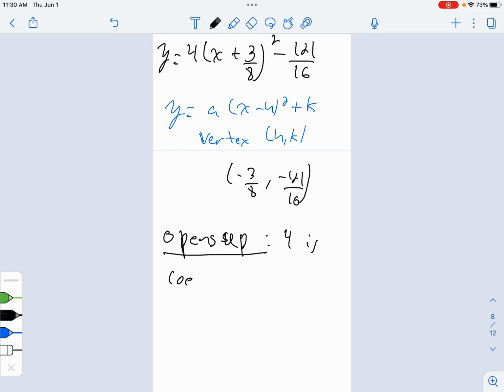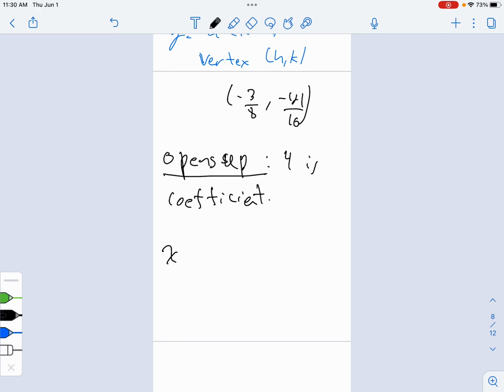Now, the next piece of information, if I had not worked with completing the square, then this next part would not be so simple. Excuse me, I meant to say x-intercepts. Finding the x-intercepts is what I'd like to do next.